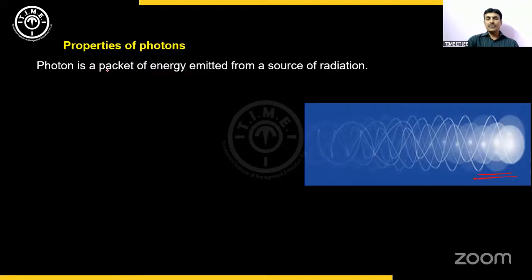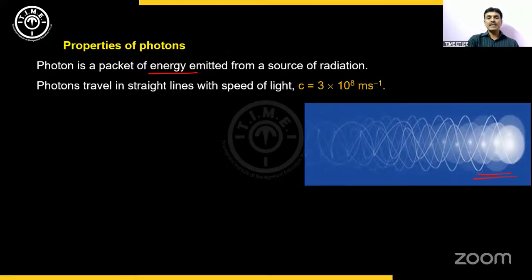All these photons travel with the speed of light, 3 into 10 power 8 meter per second. All the photons. The energy associated with a photon is given by E equal to h nu.